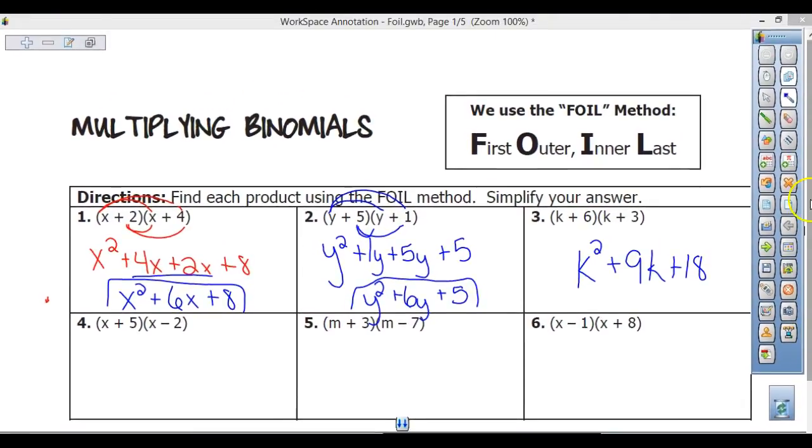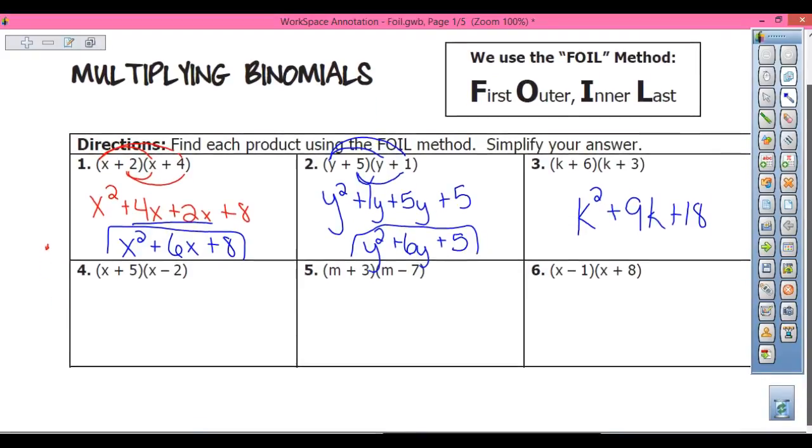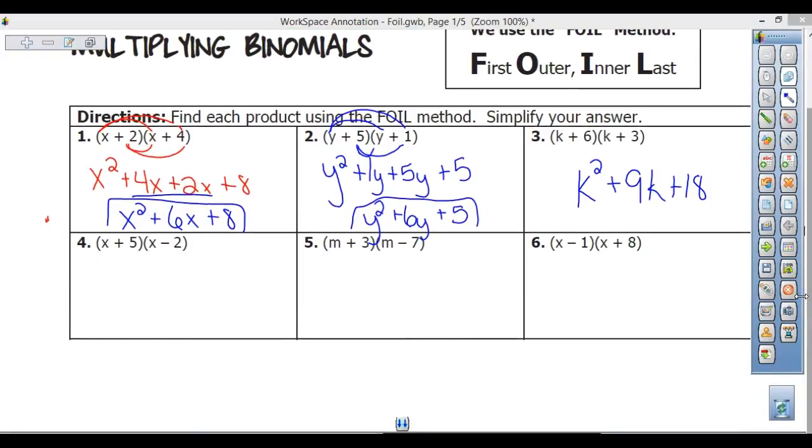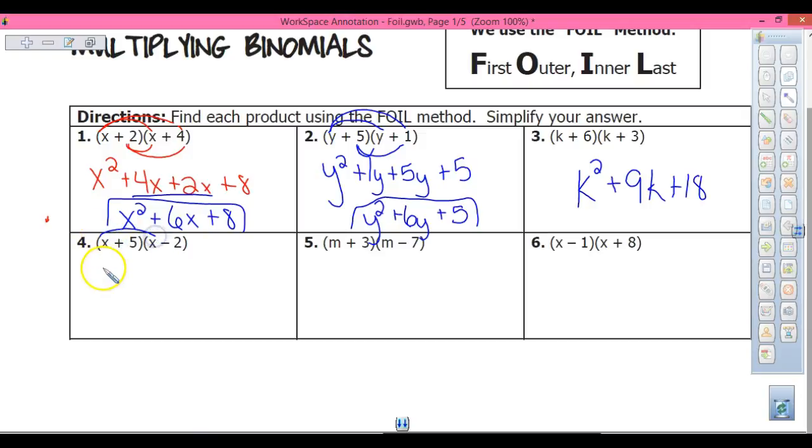We need to be a little bit careful when I've got pluses and minuses because we really got to pay attention to my signs. So number 4. The first thing that I'm going to multiply is x times x to get x squared. Then what am I going to have? Yeah, so I've got x times this minus 2. So that gives me minus 2x.